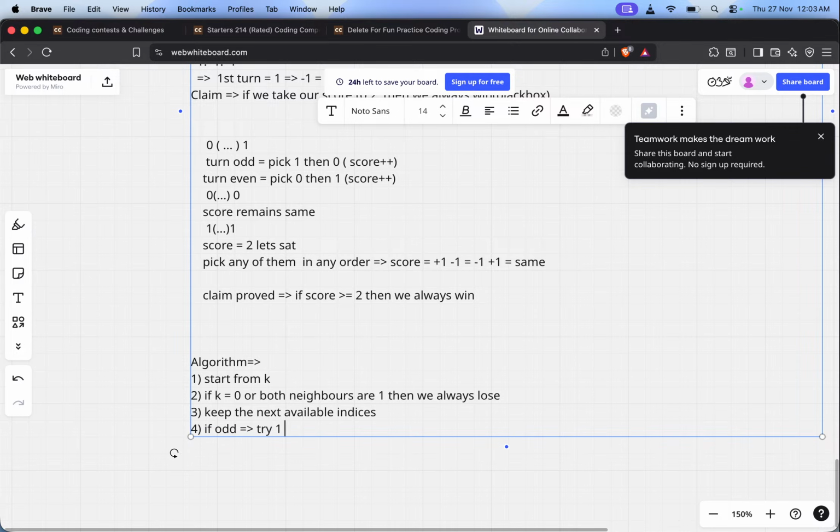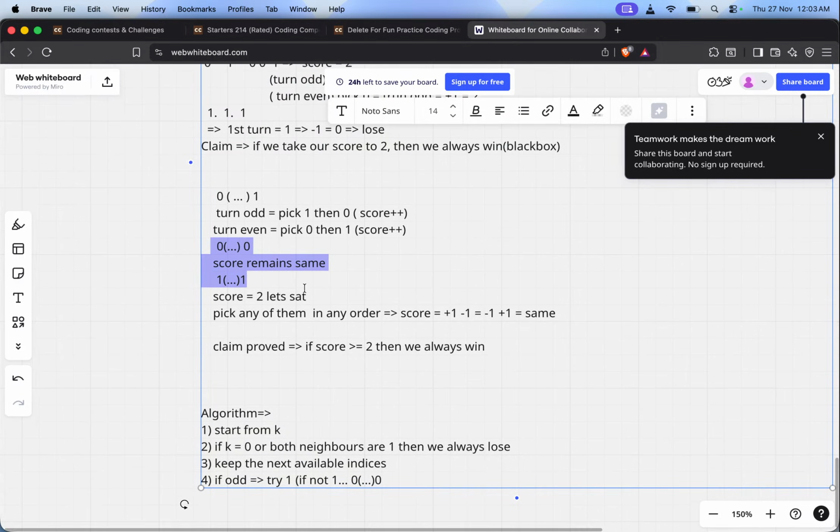If we are not able to pick 1, then both of them are 0. So this condition is here, and the score remains the same.